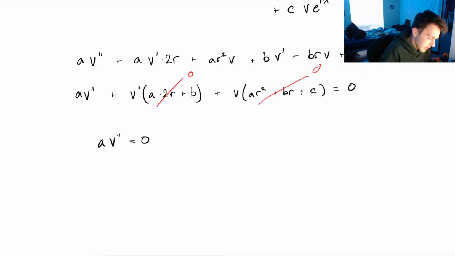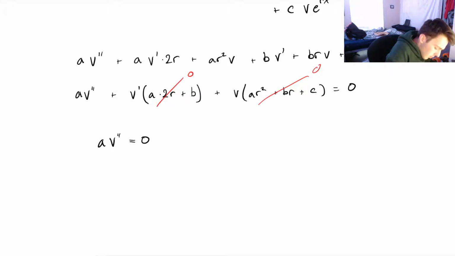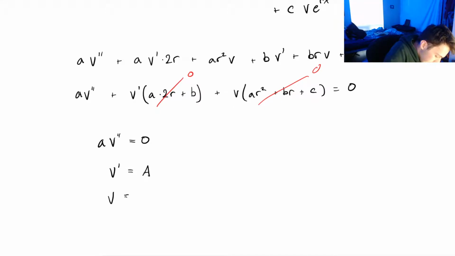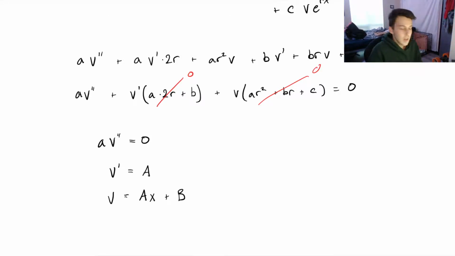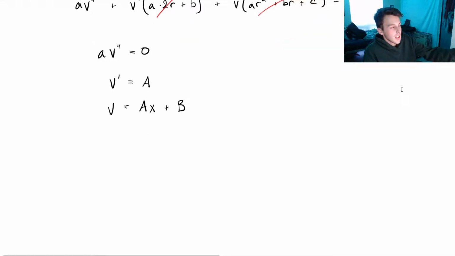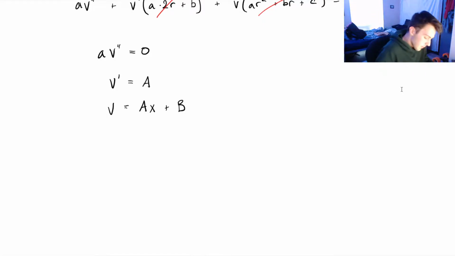Sorry guys, correction, that didn't make sense. So what we've got here is v double prime equals 0. So this implies that v prime is going to be equal to some constant, let's call it a, right? We take the derivative of that, we're going to have that equal 0. So that means that v is going to be in the form of ax plus b, right? This is just simple. You could do this by separation of variables if you want. It's a little bit overkill because you can sort of just think about this, right? You can easily verify that if we take the second derivative of this v, it will be 0, right?